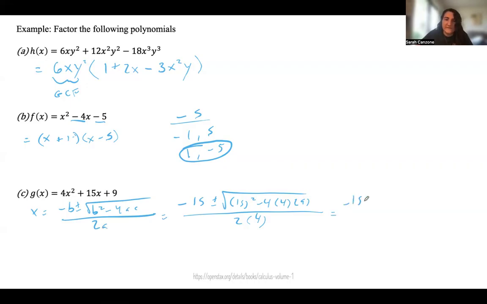Which is -15 plus or minus the square root of 15 squared, which is 225, minus 4 times 4 times 9.